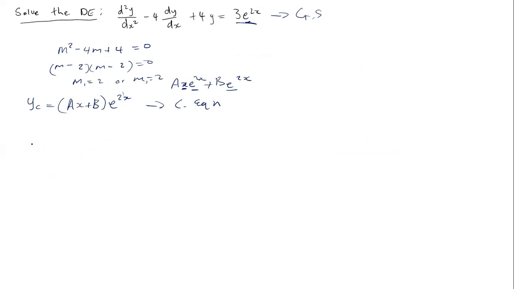By not solving, because this is going to be long and I might make mistakes, and I'm not enjoying writing on this thing. So we have y equals a x squared e to the power of 2x, because this and this both appear in the characteristic equation.